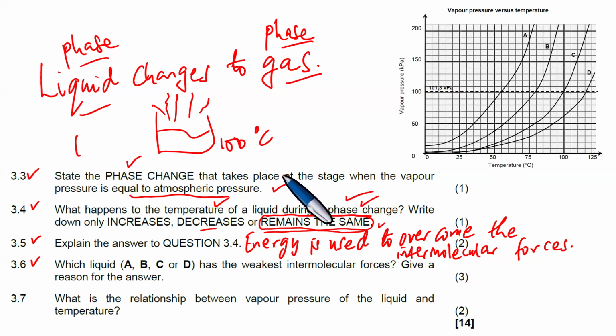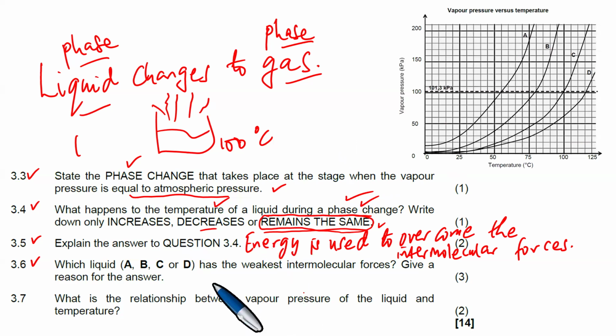This begins to boil. Which one? Is it A, or B, or C, or D? So the boiling is going to be seen by the notion of what we call the vapor pressure being equal to the atmospheric pressure. Okay, so which one is going to boil?